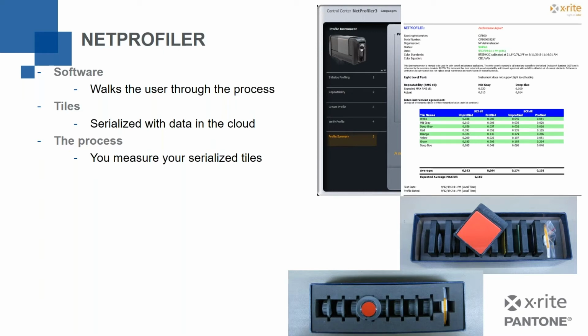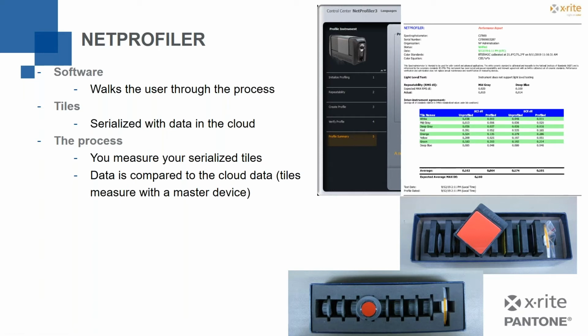And then it also has us measure all of the tiles, the white, the mid-gray, deep gray, red, orange, yellow, green, and deep blue, generates the unprofiled data to find out where are we. It compares that data to the cloud data. So the serialized tiles were measured at X-Rite in a very controlled environment with a master device.